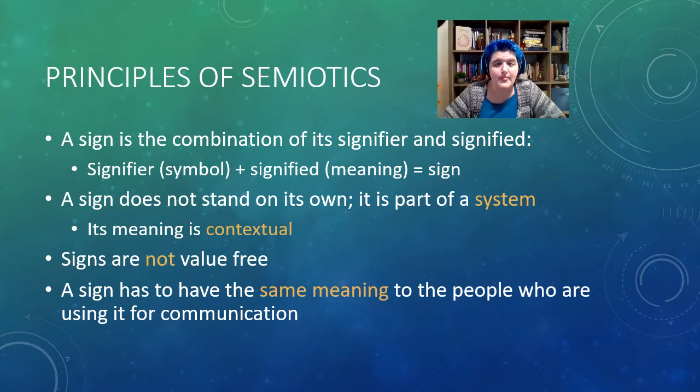But if you and I don't agree on what the word means, or what the sign means, then it's not going to work to communicate, right? We have to both agree. That's the whole basis of codes, is that only you and I know and nobody else.